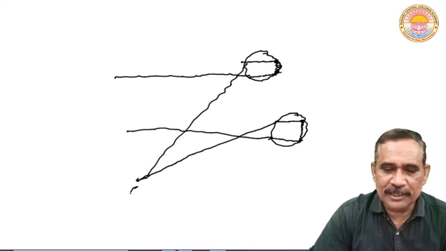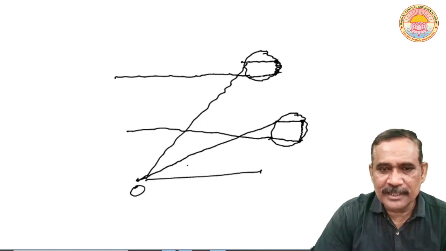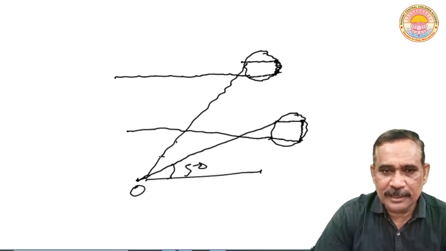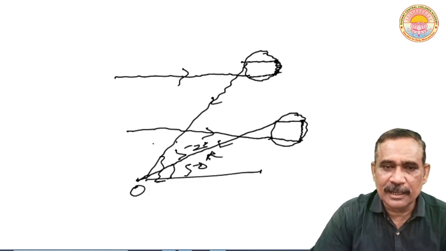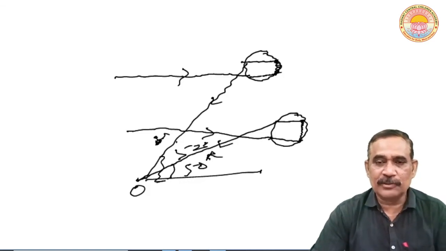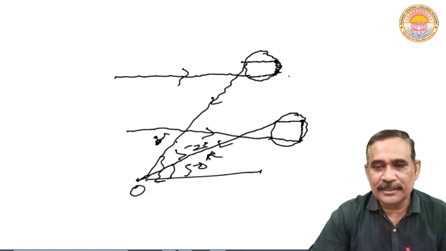So here is the observer, and it makes an angle of 50 degrees and 52 degrees. So at the inner edge this is red color, and this is violet color. So the secondary rainbow is formed due to double refraction and double reflection.